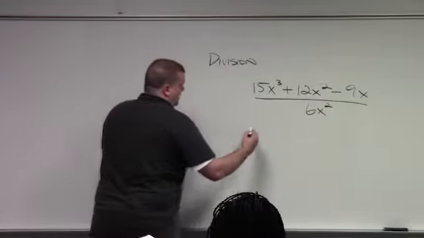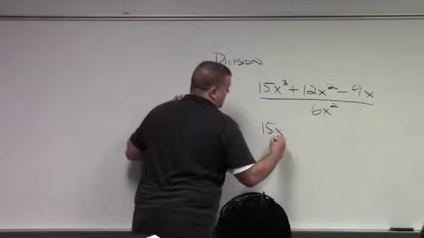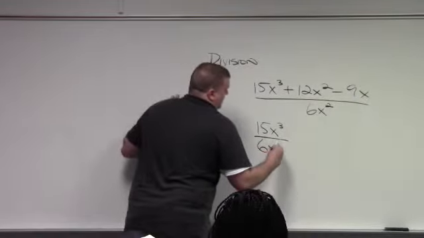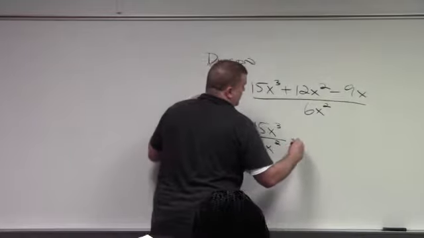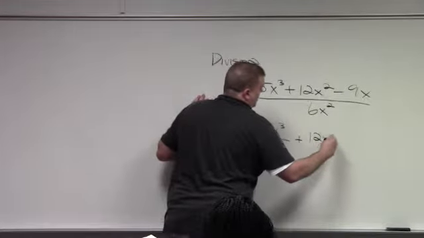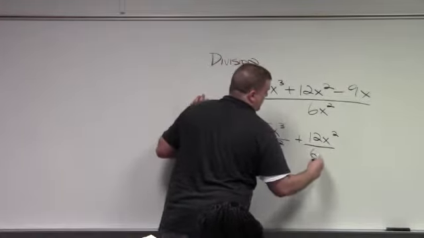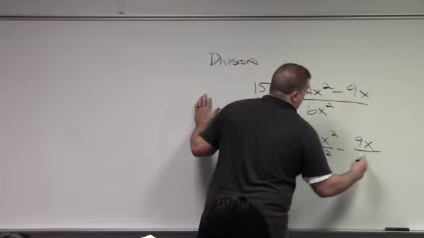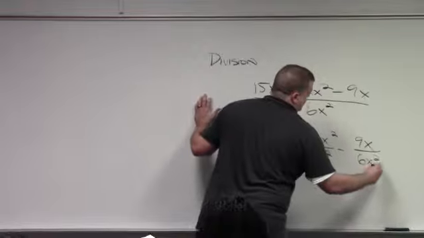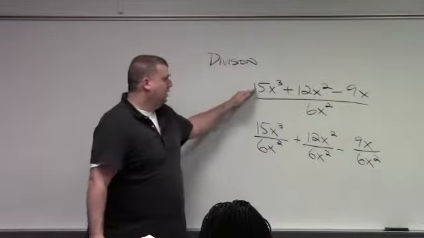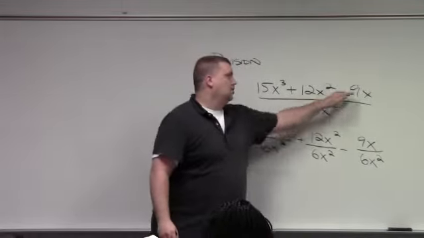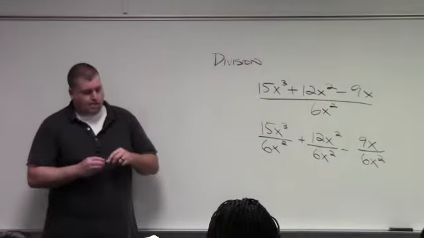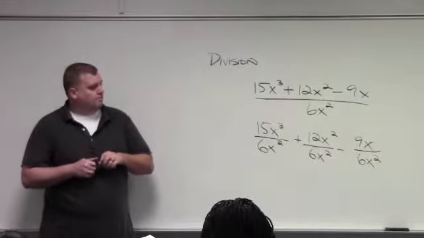So one of the ways to set that one up is to split it up, in this case into 3 separate fractions, putting each piece over that monomial. And then what would I do from there?